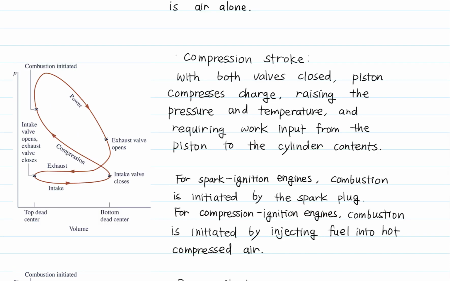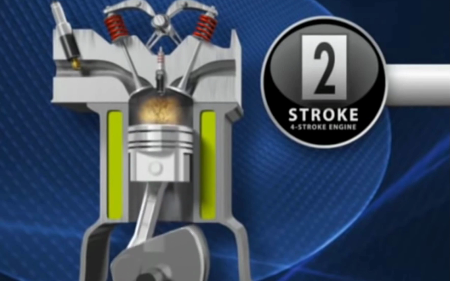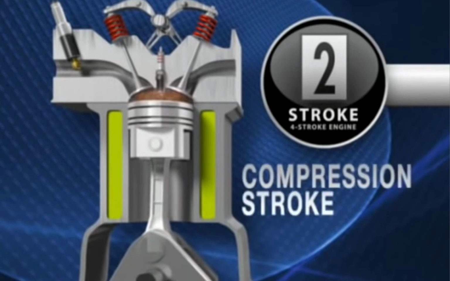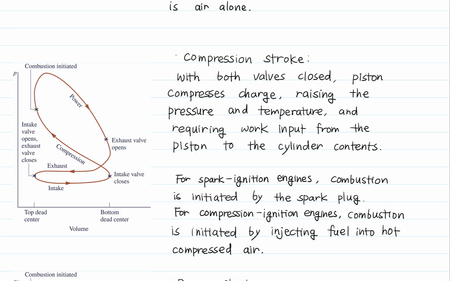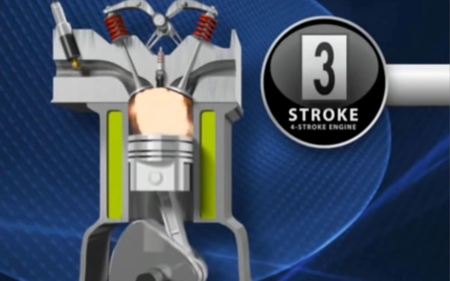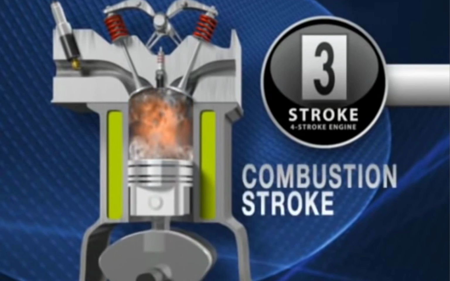Compression stroke. The intake valve is closed and the piston compresses the mixture, moving to the TDC. Power stroke. The piston is at TDC and the air-fuel mixture is ignited by a spark.